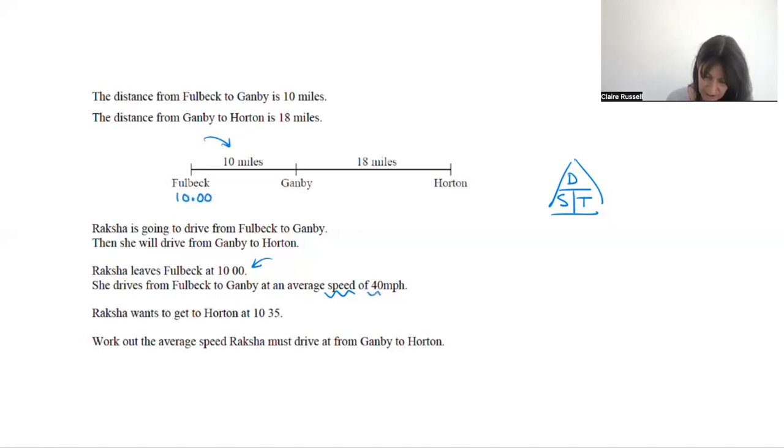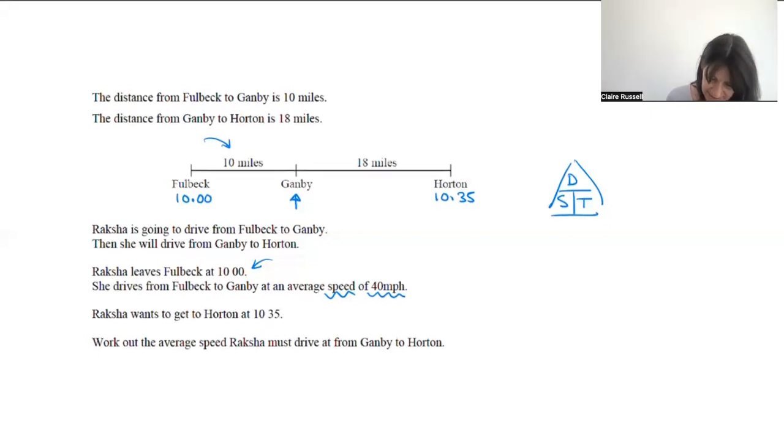Average speed of 40 miles per hour. So we want to know how long that part of the journey is going to take. She wants to get to Horton by 10:35. So we really need to know what the time is when we get here. So I know she is traveling 10 miles at 40 miles per hour.